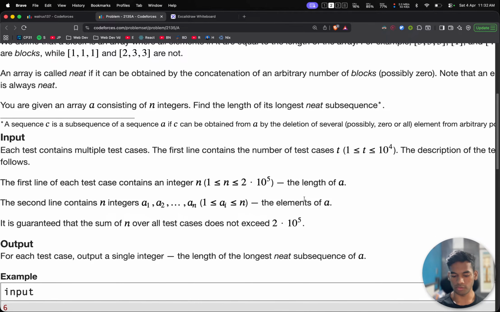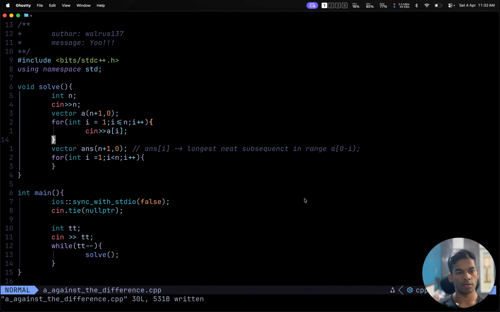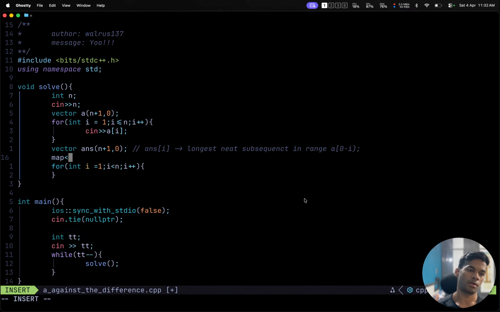You cannot do n square, so you would need a map of integer to integer. MP would be the name.